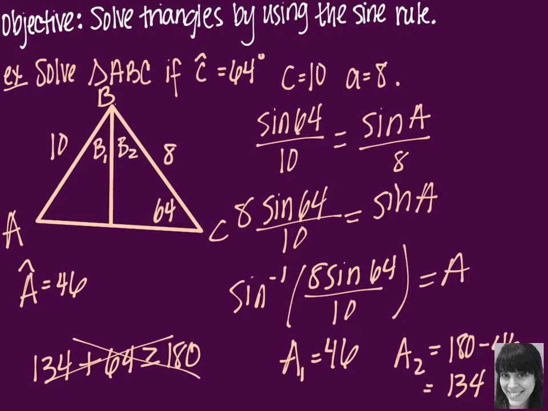So there is no ambiguous case. So you don't have to do two triangles. And so then you would just finish this out like you would a regular problem with the sine rule. Okay? I just wanted to show you where the case wouldn't be true.